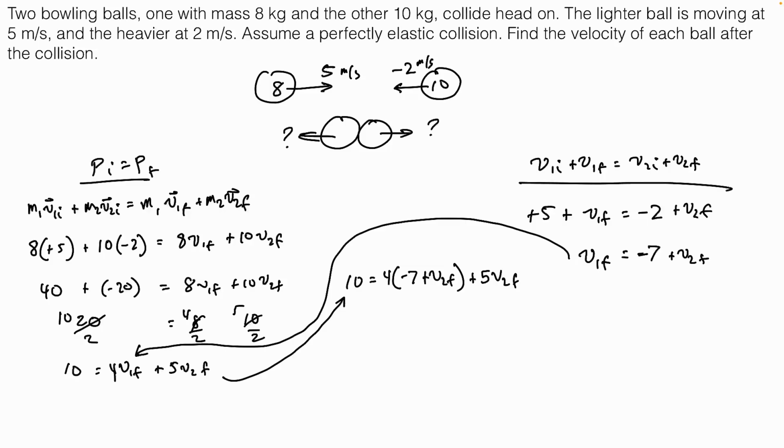Clean up on aisle 5. What's 4 times minus 7? Plus 4 V2 final plus 5 V2. What's 4 plus 5? It's 9, isn't it? V2 final. This turns into, is this 38? Yep. And what's 38 divided by 9?